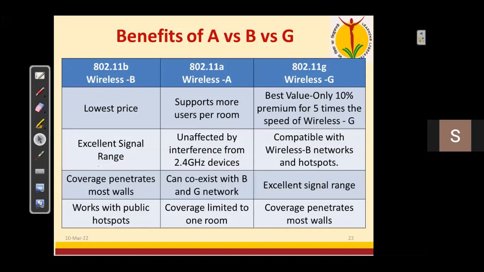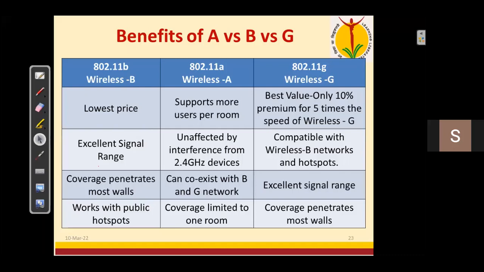802.11b, cost-wise, has the lowest price, but 802.11a supports more users, and 802.11g supports more users and the speed is also very high. The signal range in 802.11b is excellent, so it covers a large distance. 802.11a is unaffected by interference from other devices, maybe from Bluetooth also.